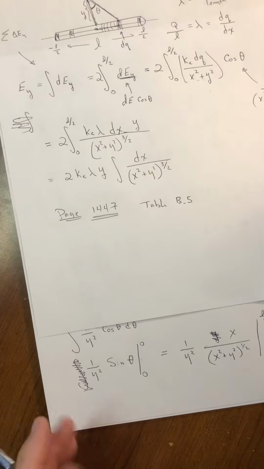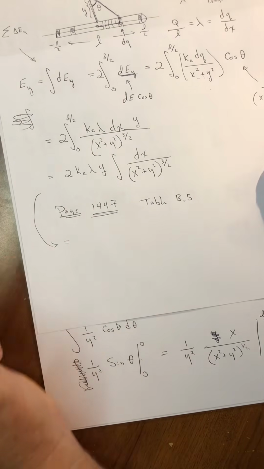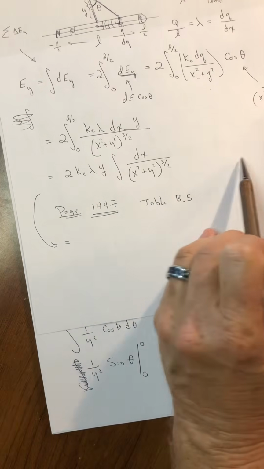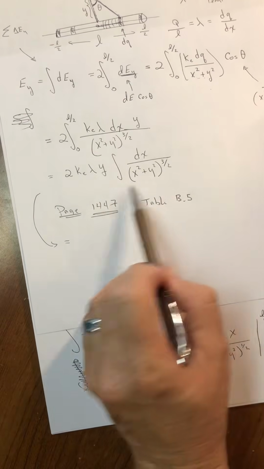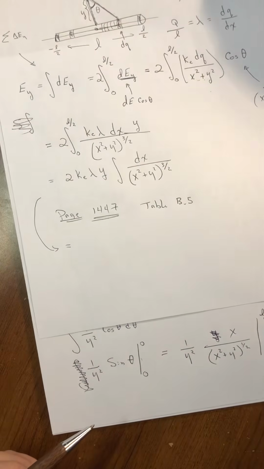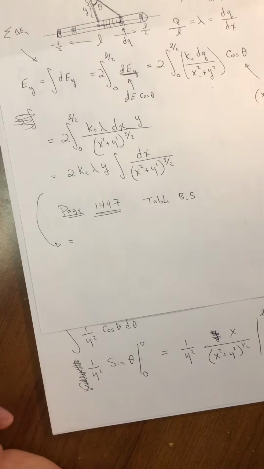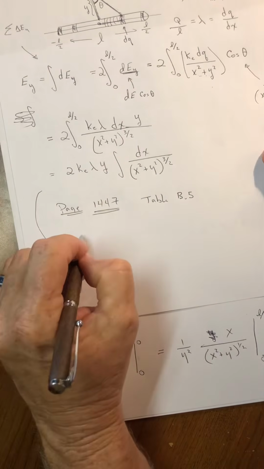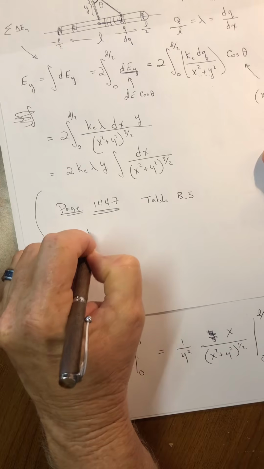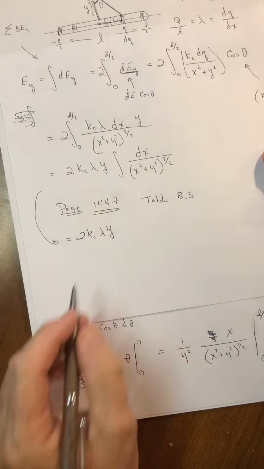So taking that back to our problem, we have two options. We could either A, just go look this up in table 8b, or we can do this trig sub. And like I said, since a few of you asked, I thought I'd put it in video there. And so here I have the 2 Coulomb's constant lambda y.